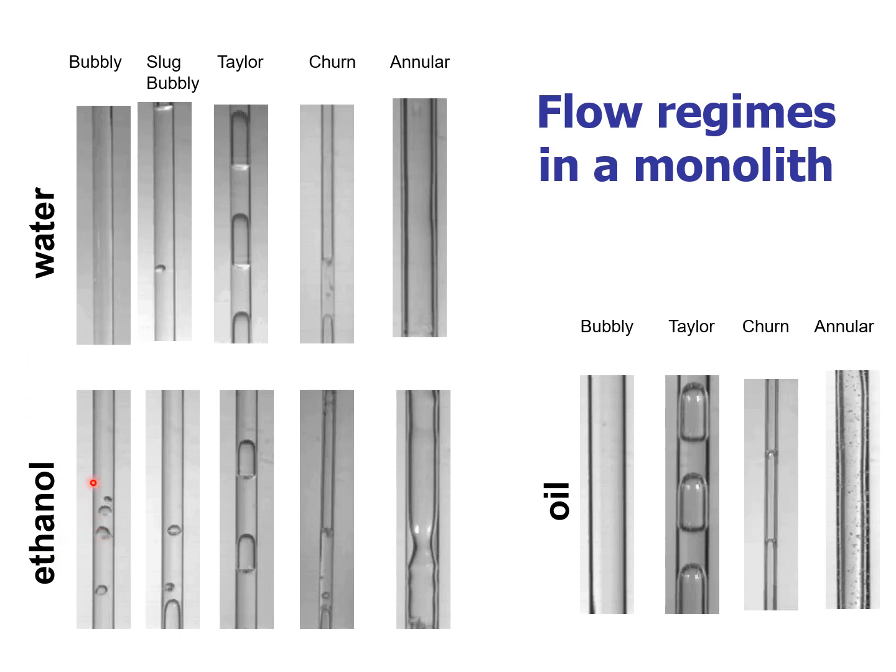And in all cases, air is the gas phase. These recordings were made for a 3 millimeter diameter circular capillary made of glass, so that the flow regimes can be visualized and recorded using a high-speed camera.